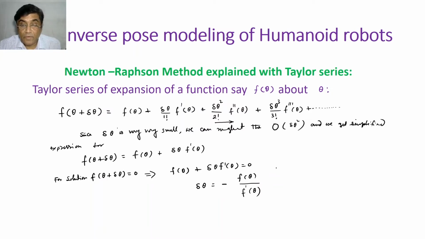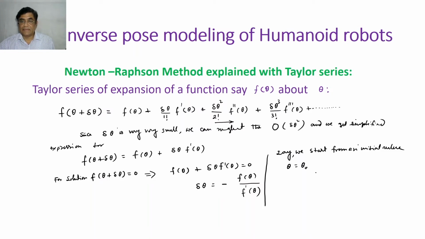Now say we start from an initial value theta equals theta naught, and then we also increment to the next theta, which is theta 1, equals my earlier theta plus the small incremental value, right?